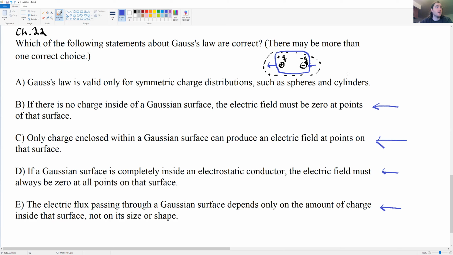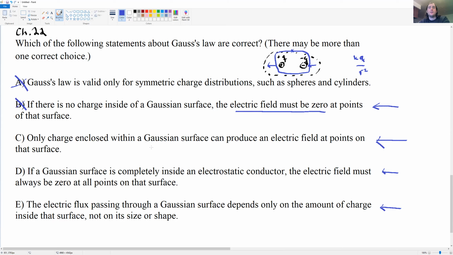Because we're so close to that positive charge, the electric field there would be kQ over r squared in magnitude, in both of those cases. Whereas somewhere up over here, the electric field would be a little bit less in magnitude. So the electric field must be zero at points on that surface? That is not true. So A is not true, B is not true.